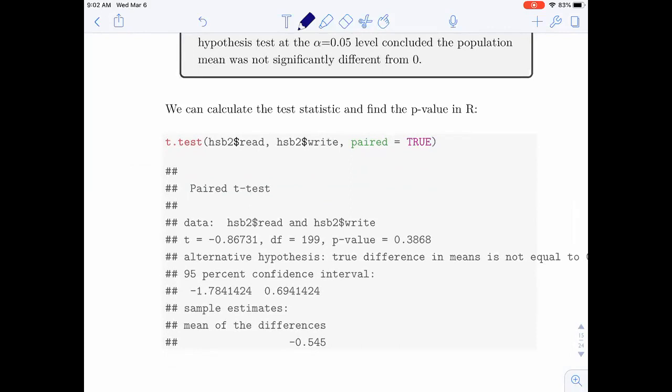We could only say that it's between 0.3 and 0.4. 0.3868 is between 0.3 and 0.4. Fair enough. And here we have our confidence interval, right?